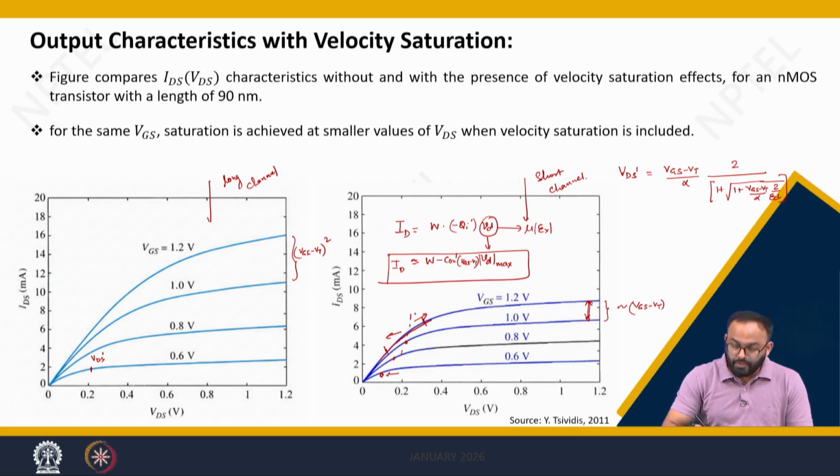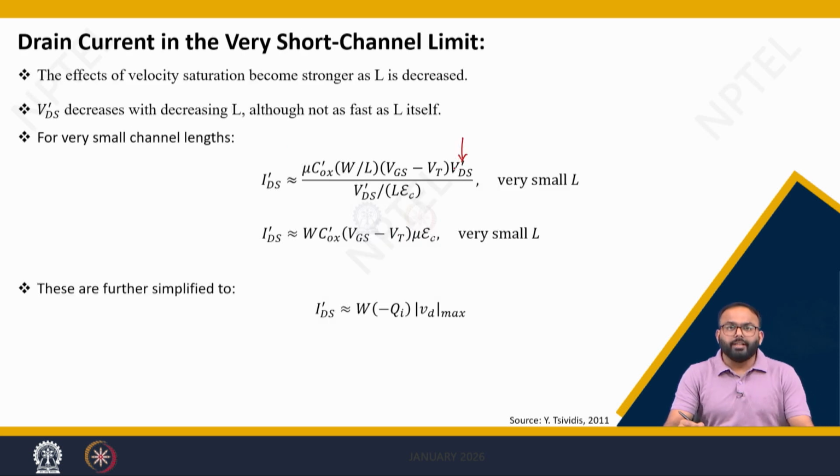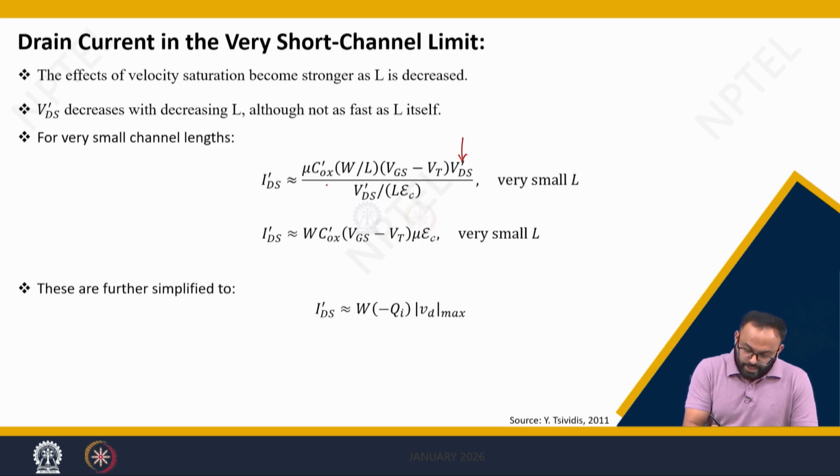So, the reason, which we already discussed, is that the carriers will always try to keep the product of Qi dash and Vd constant, and this process is very gradual. So, let us see how my drain current is affected when you incorporate the velocity saturation effect.